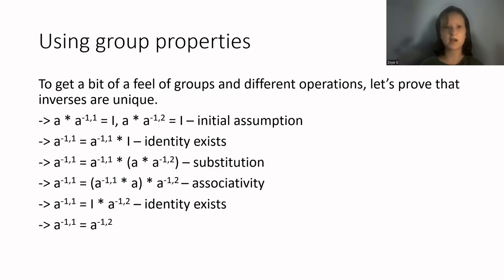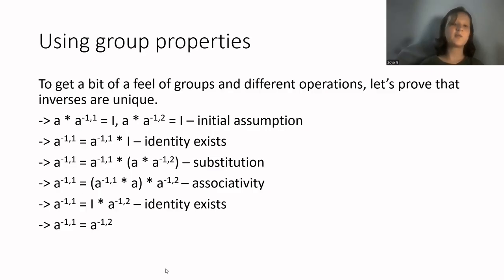We can do this. Next, we substitute this relation, our second relation, that includes A inverse 2. Then we use associativity to regroup these. And finally, we use our initial relation that A inverse 1 times A is equal to the identity element.